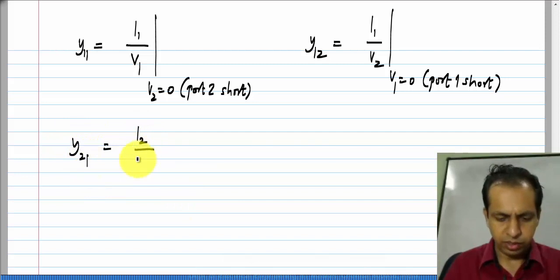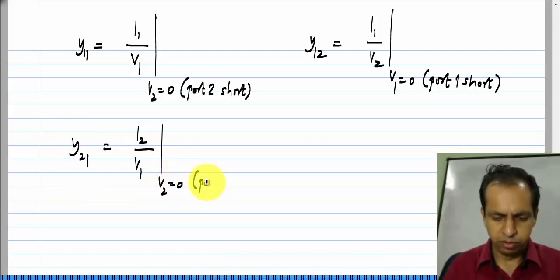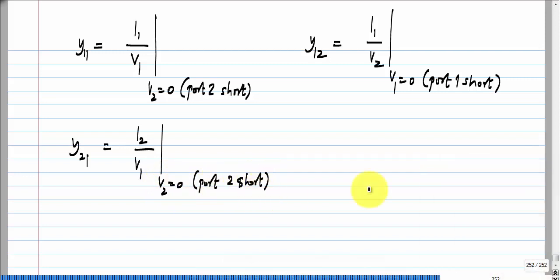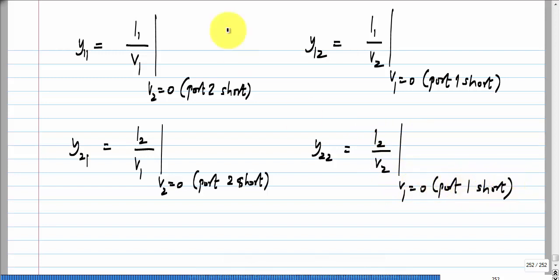Y21 is I2 by V1 with V2 equal to 0. So, that is port 2 shorted, and finally, Y22 is I2 by V2 with V1 equal to 0, port 1 shorted.